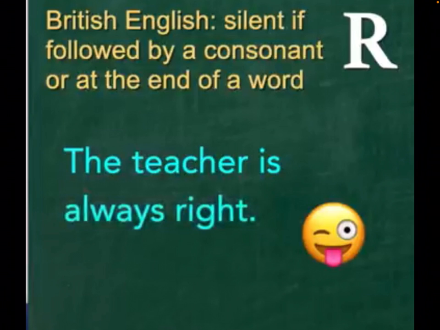But in British English, "the teacher is always right". In American English, they say "the teacher is always right".